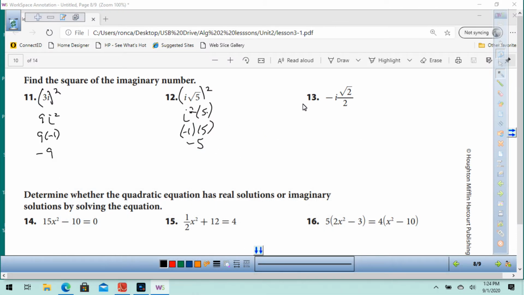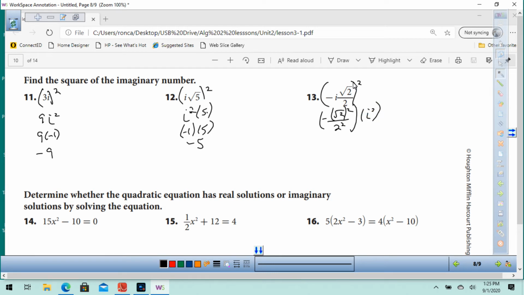What about this one? This one looks like fun. So let's square it. What do we got? Okay. Well, we got to square everything inside, right? So we got negative, and this is going to be the square root of 2 squared over 2 squared. And looky here, I got this I here. That's going to be I squared.